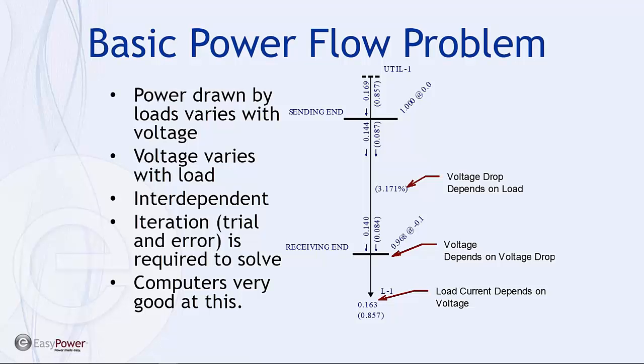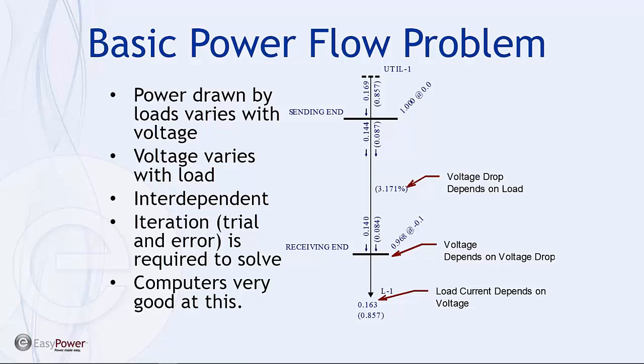So it turns out the solution is the result of setting up a series of equations that are interactive, and the bottom line is that the power drawn by the loads varies with the voltage varies with the loads, and so you have to go through a series of iterations where you solve the equation coming from both ends of that spectrum, and you hope they meet in the center.